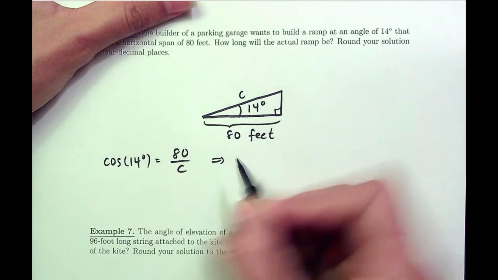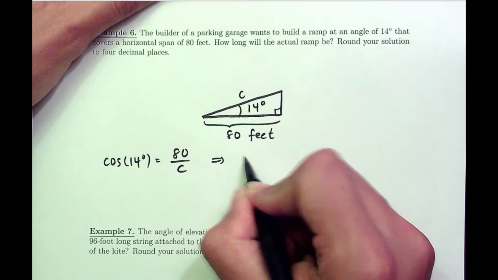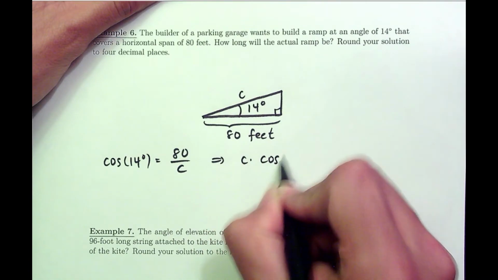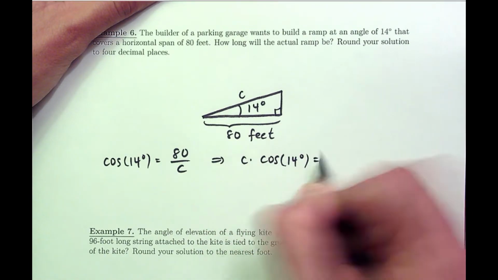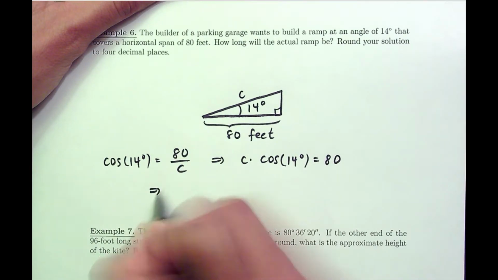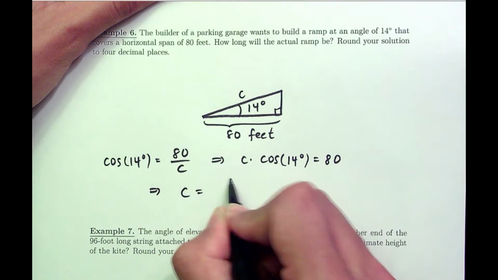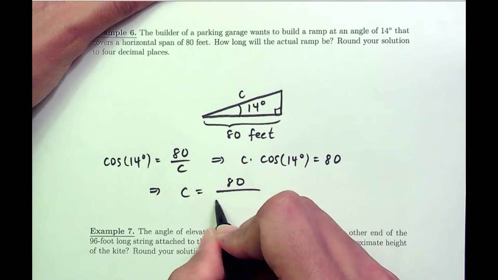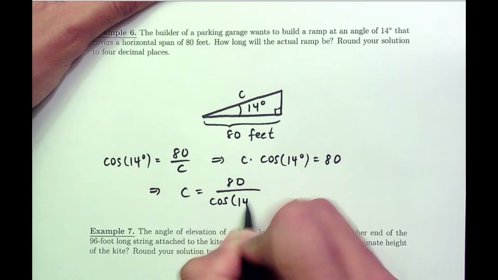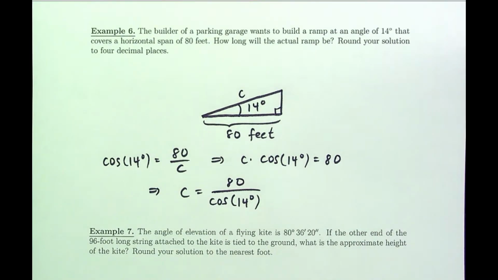We multiply by c on both sides, or cross multiply. We get c times cosine of 14 equals 80. Then dividing by cosine of 14 on both sides, we get that c equals 80 divided by cosine of 14 degrees. And that's our answer. Now we have to put this in the calculator and round it to 4 decimal places.